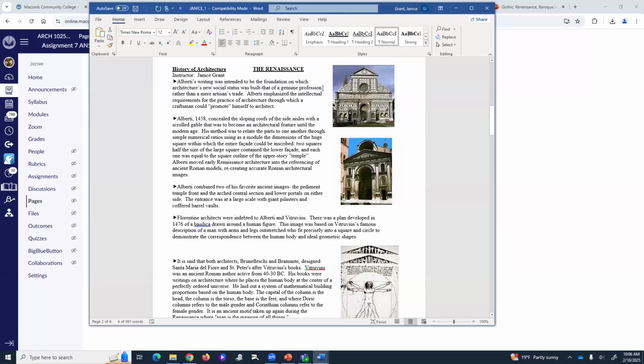Yeah, so this is the facade I was talking to you about. Alberti emphasized the intellectual requirements for the practice of architecture through which a craftsman could promote himself to architect.